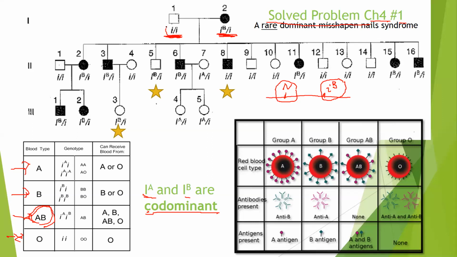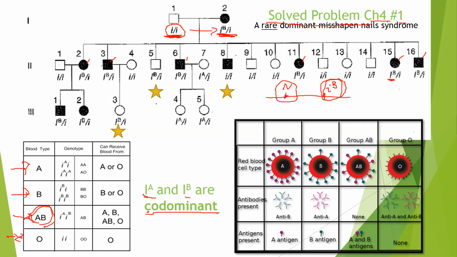This is the homozygous recessive, and so we do the test cross like this, and they have many kids here. Many of them are affected, for example here, because they carry this disease allele, because of the linkage between this IB and the disease allele, right?